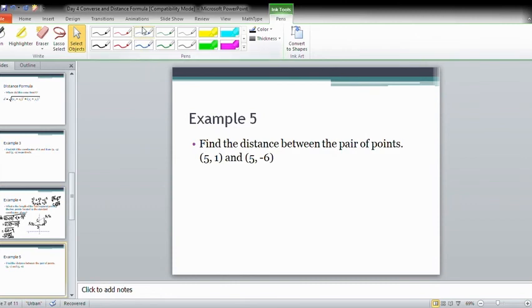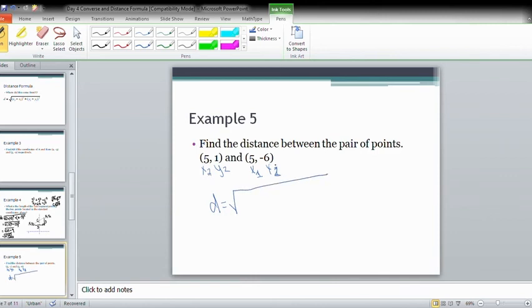All right, so pause the video now, see if we got the distance formula down. And then come back, check your answer. So I'm going to use, we'll call this one x sub 1, y sub 1, oops, sorry, y sub 1. We'll call this one x sub 2 and y sub 2. Distance formula, right?